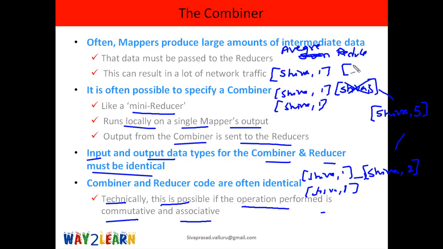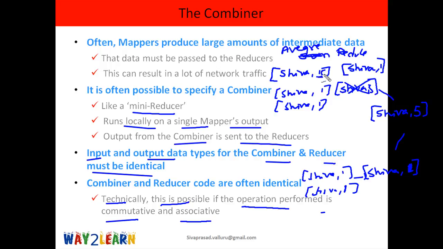Output of this will be Shiva comma 1, and output of this also will be Shiva comma 1, and when it goes to the reducer, again the output will be Shiva comma 1. So in case of average also it is looking the same. Okay, let us not take 1, 1, 1 as the values.